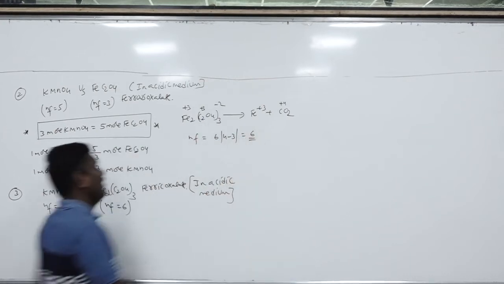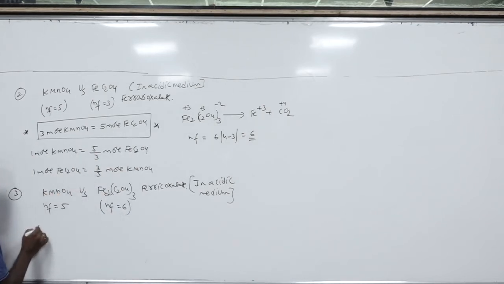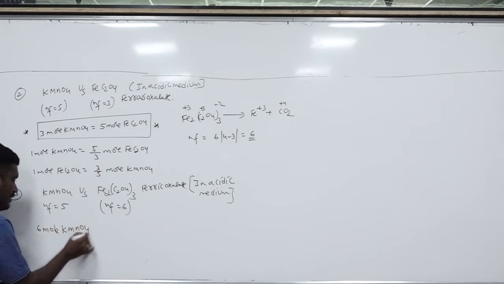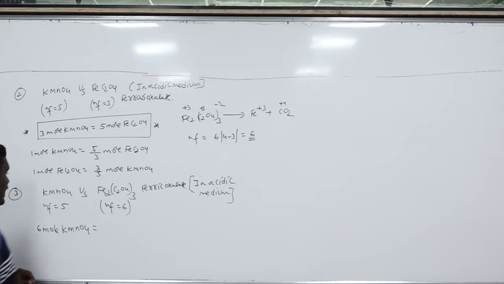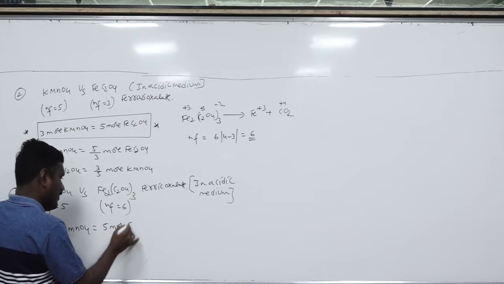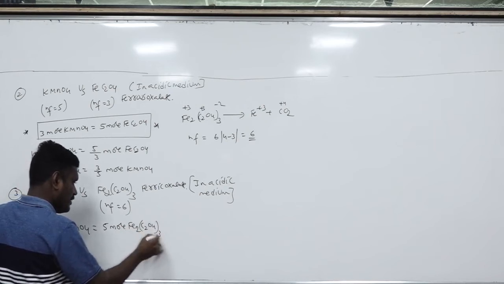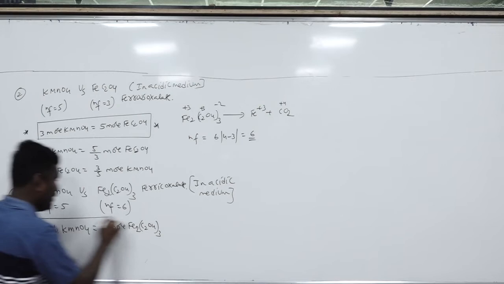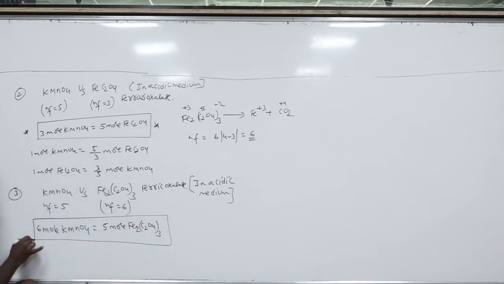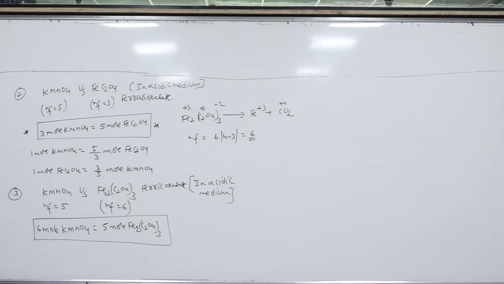This is the n factor for ferric oxalate. Interchanging the coefficients, 6 moles of potassium permanganate are required for the oxidation of 5 moles of ferric oxalate. Yes or no? So this is the relation between potassium permanganate versus ferric oxalate, and that was the relation between potassium permanganate versus ferrous oxalate.